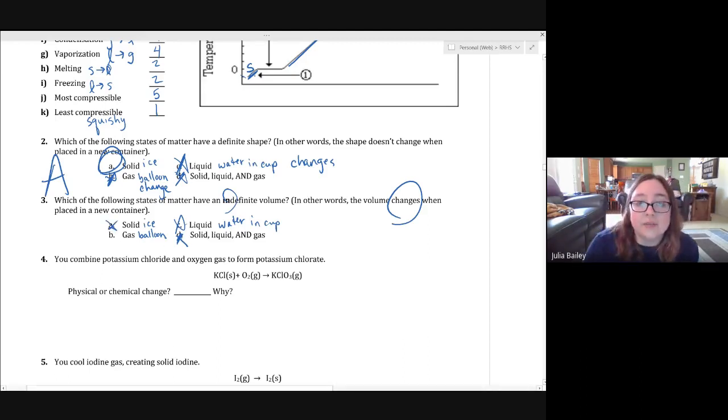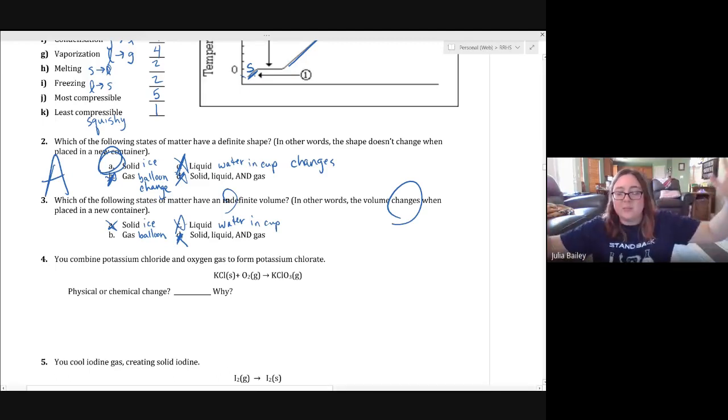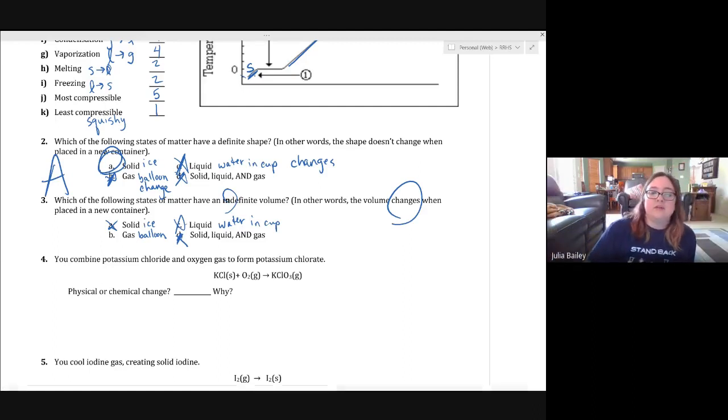But a gas, like in a balloon, that volume can change. If you think about breathing, I breathe in and my air is in my lungs taking up the amount of space that my lungs take up. But when I exhale, I can get a balloon pretty big off of one exhale, even though my lungs are not nearly as big as I can get that balloon to be.